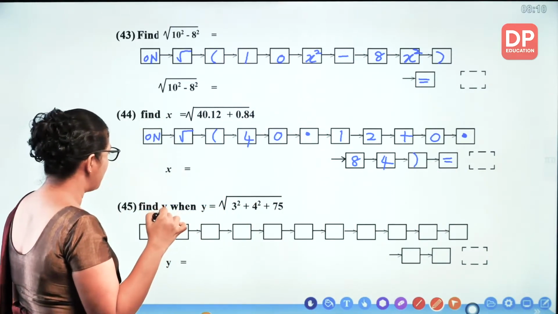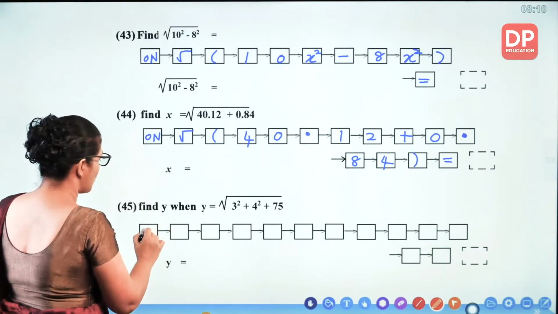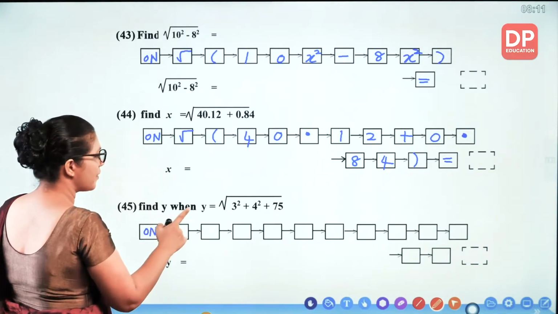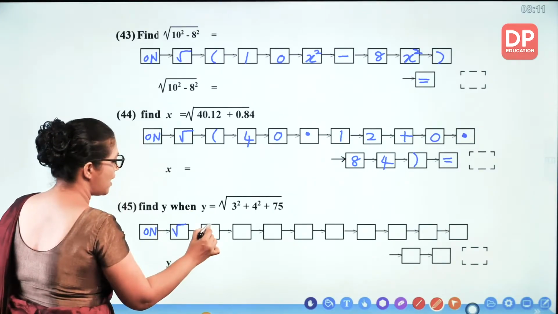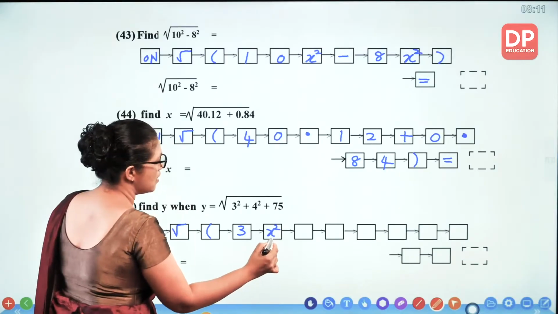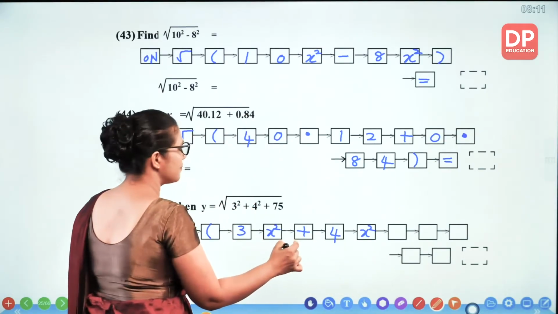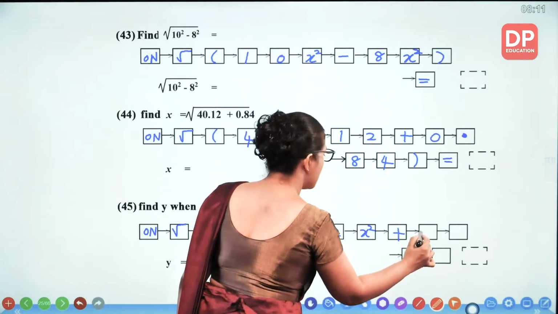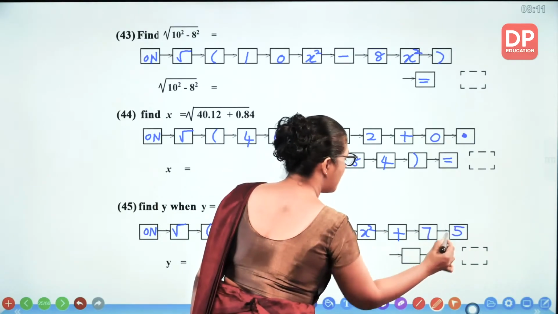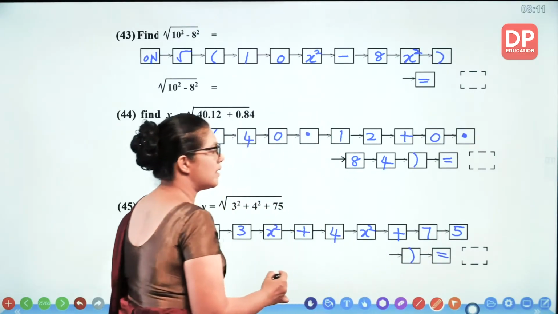This one you asked to find y value. So on button and then square root and open a bracket, 3 squared plus 4 squared plus 75 and then close brackets and equal sign.